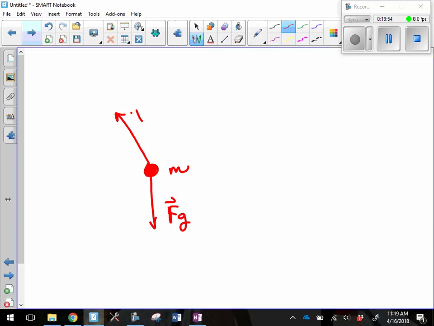Okay. And if the pendulum is swinging this way, which way does the restoring force have to point? Where does the restoring force always point? Think about a mass on a spring. Towards the equilibrium position. Where's an equilibrium position going to be for a swinging pendulum?